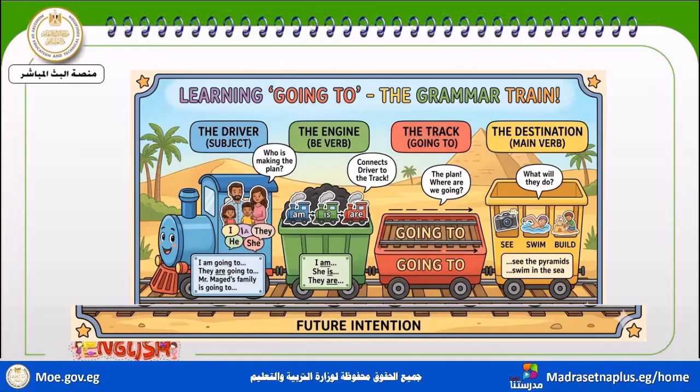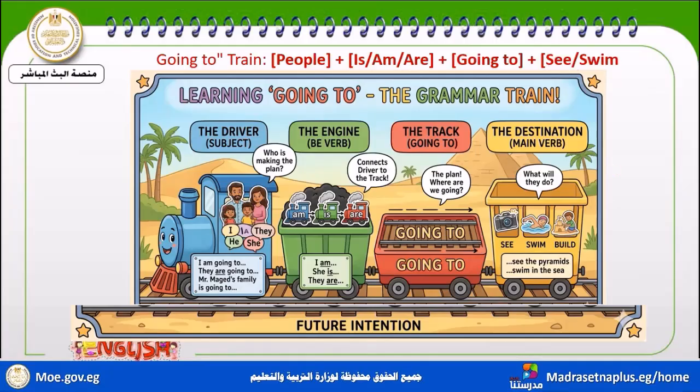So we use going to when we talk about plans or future intentions, what we want to do and what things we need to do in the future. And don't forget the train: the people who drive the train, and the engine, which is the verb to be, am, is, or are, and going to is the track, and the final destination is the verb in the infinitive.